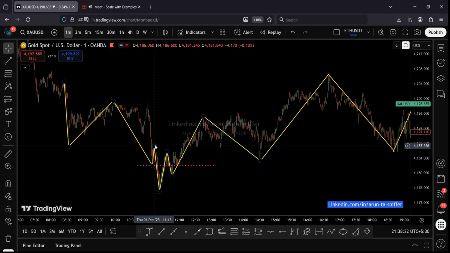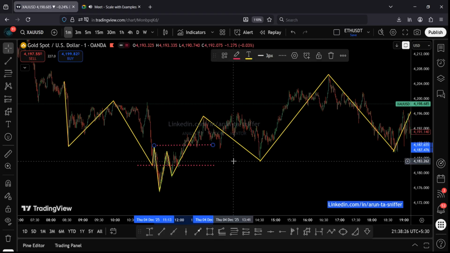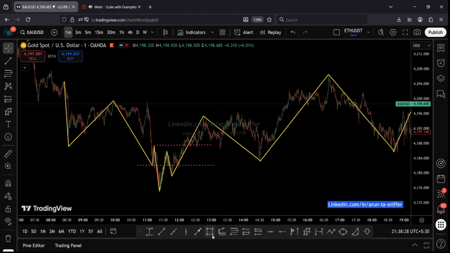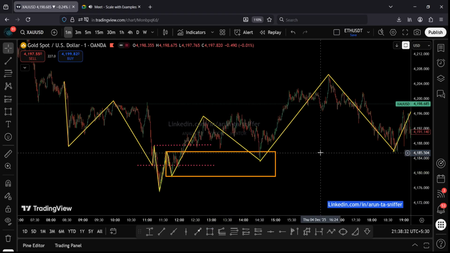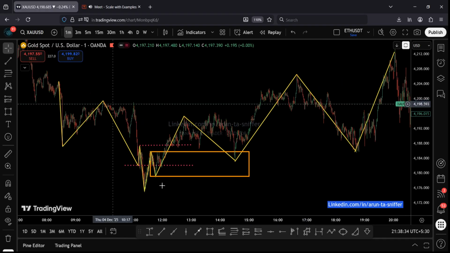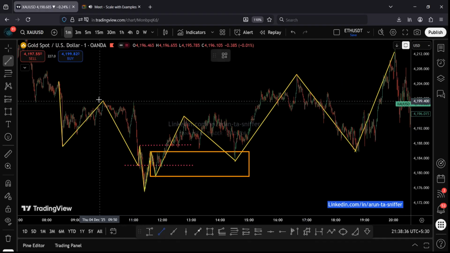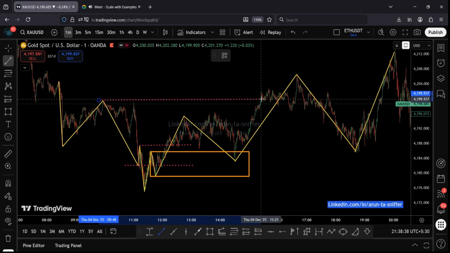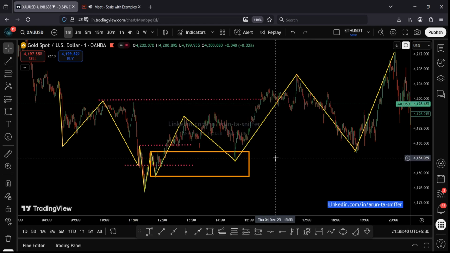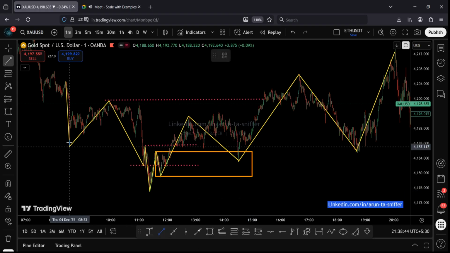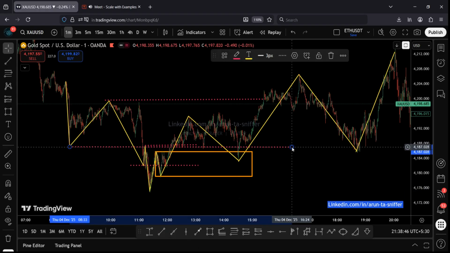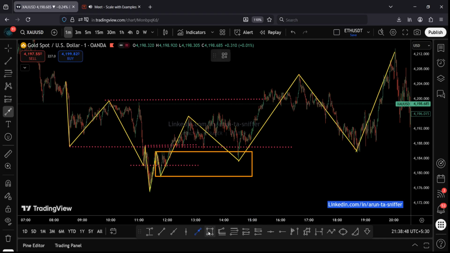Price goes up, engulfs this, came down to its LSK like this, and then goes up, engulfs this one, and then comes down where? To its LSK here, this LSK.